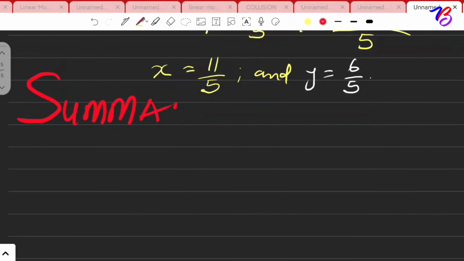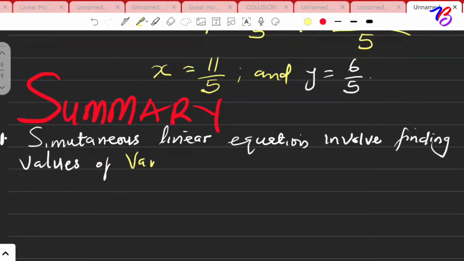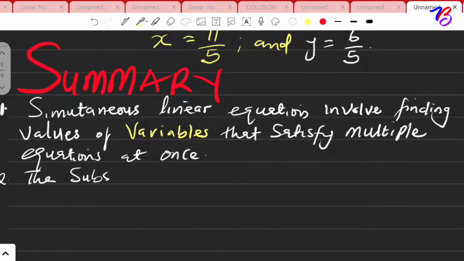So summarily, graphical method will come later. Summarily, in today's class, you have learned that simultaneous linear equation involves finding values of the unknown variables that satisfy multiple equations at once.